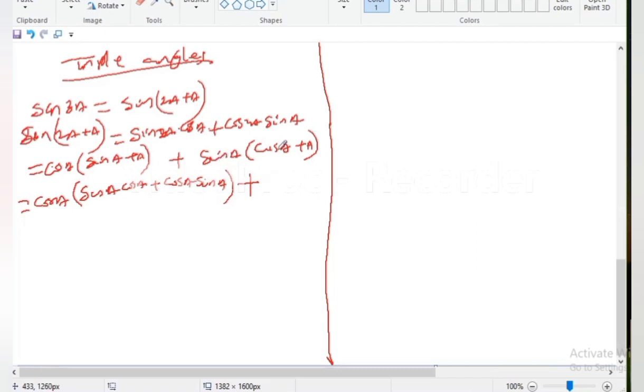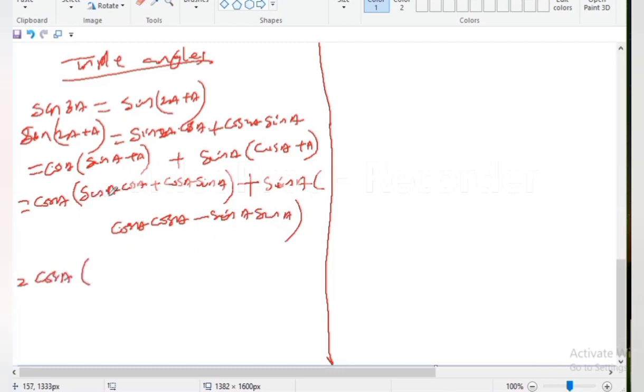Plus, look at this. For this one, you have sine A into brackets. Expansion of this is going to give you cos A cos A minus sine A sine A. So you have it like that. Then for this one is going to give you cos A into bracket.